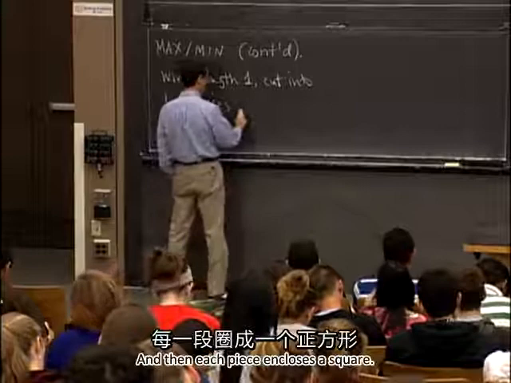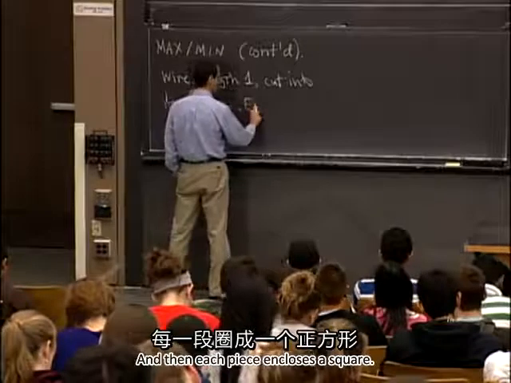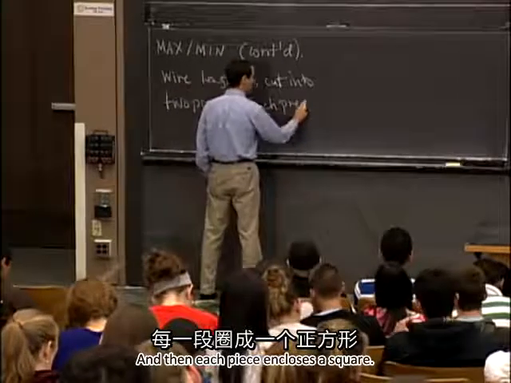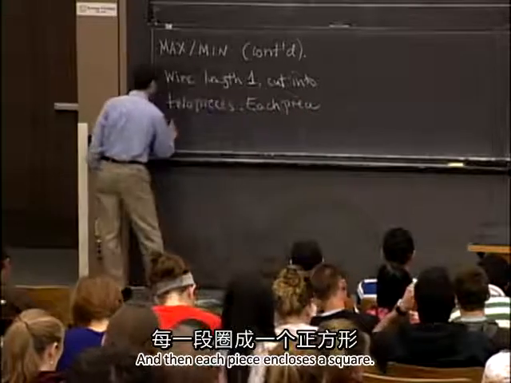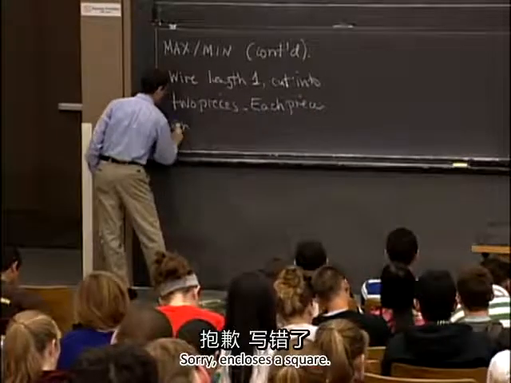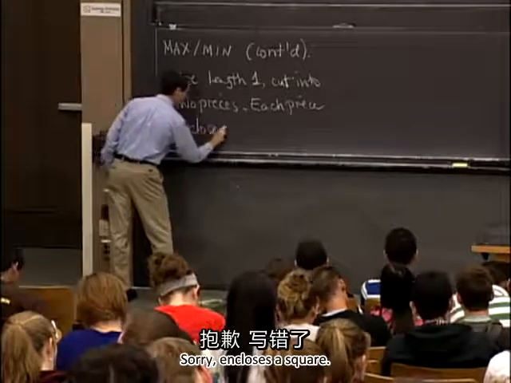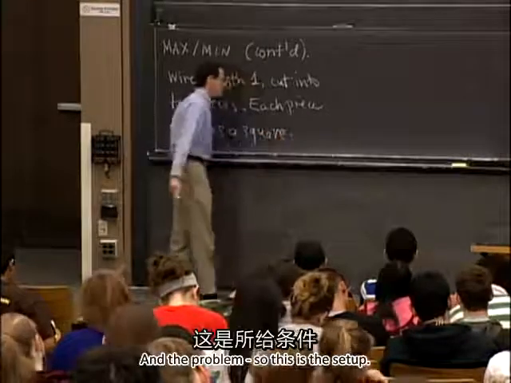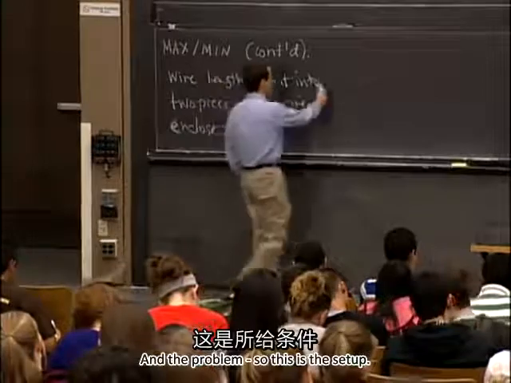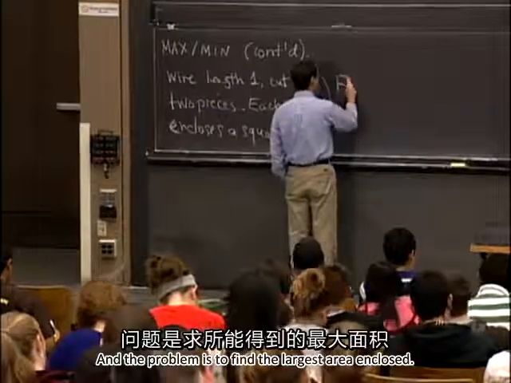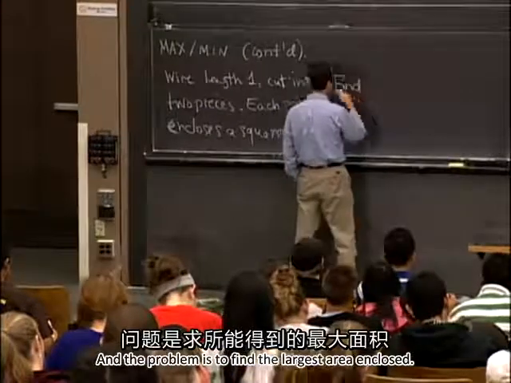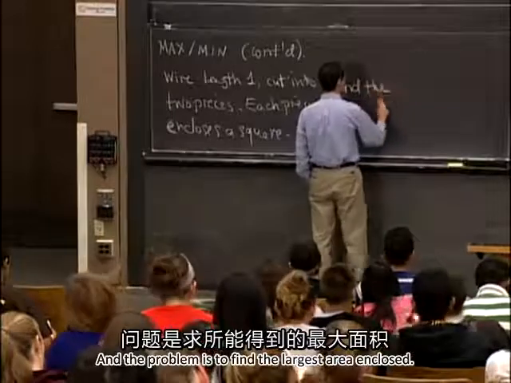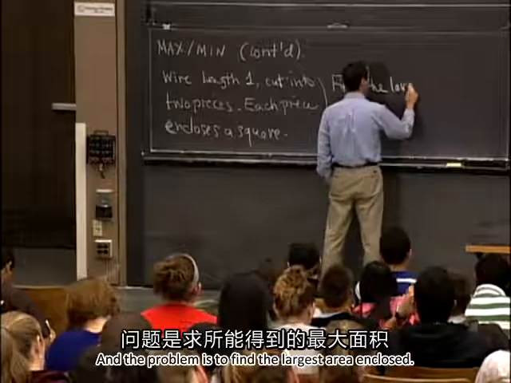And then each piece encloses a square. And the problem, so this is the setup, and the problem is to find the largest area enclosed.